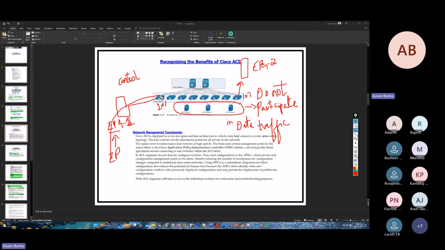If they have to communicate, at that time the Epic controller is not going to come in between their data traffic. It is not going to come in between their communication. So when I'm explaining all of this, I've also started explaining the functions.